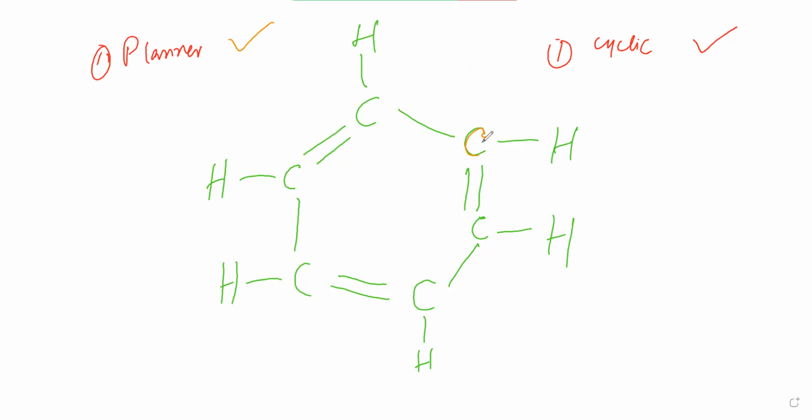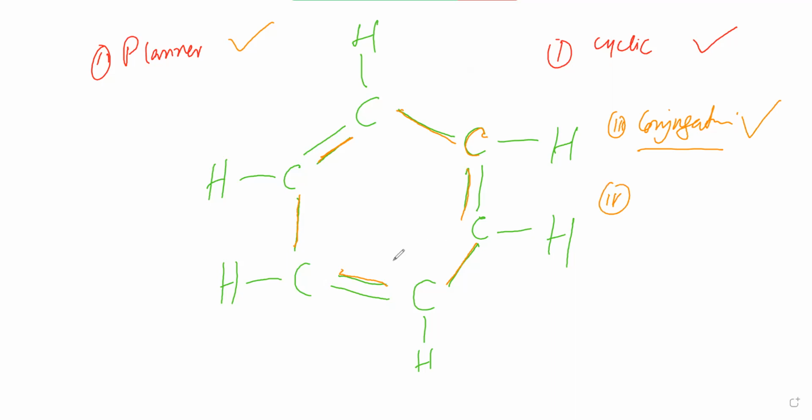Third point, is there conjugation? Yes. You see, a C-C single bond, then double bond, then single bond, then double bond, then single bond, then double bond. These are alternate double bonds. Is it clear? Last point, Huckel rule.